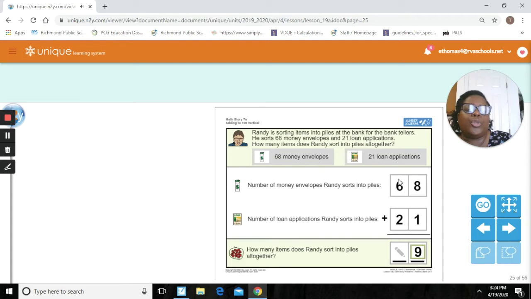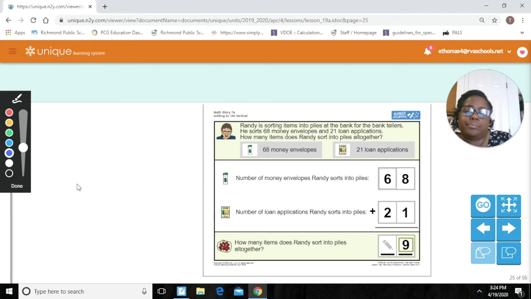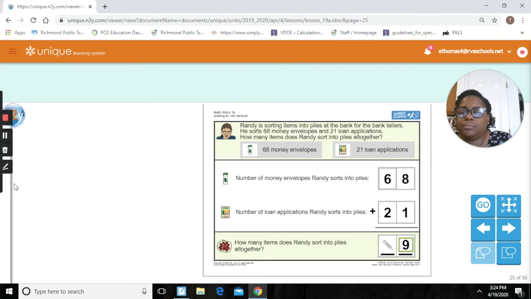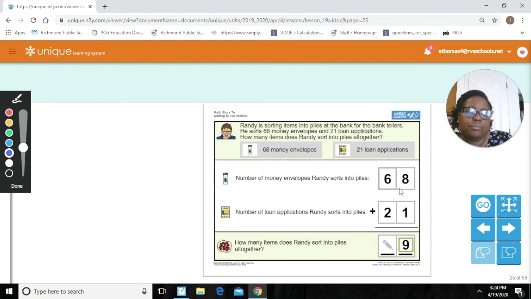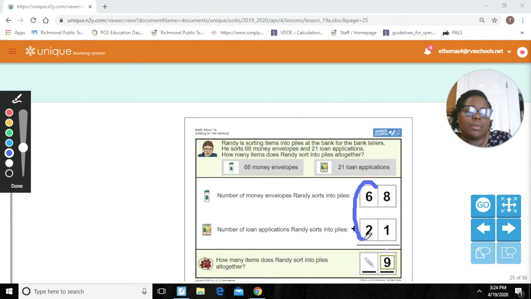Now, we're going to go to the numbers that are in the tens place. And these are the numbers that are right here, that are in the tens place. And we're going to start with the top number first. So let's get our number line back.